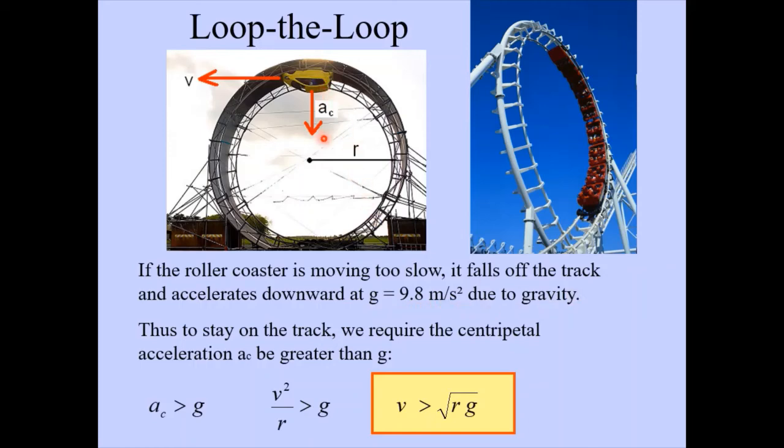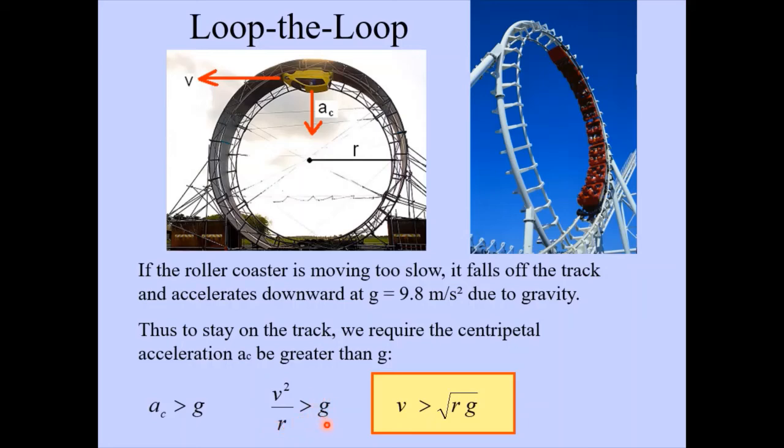Obviously we can't have that. So in order to stay on the track, we require that the centripetal acceleration is greater than g. In other words, a sub c must be greater than g. And we know a sub c is v squared over r, so we need that to be greater than g.